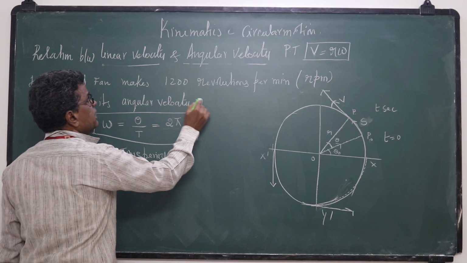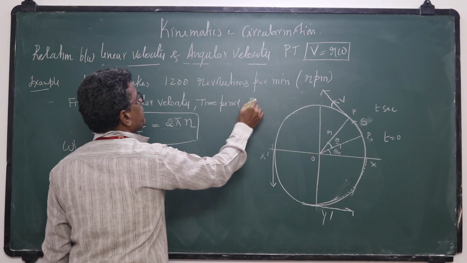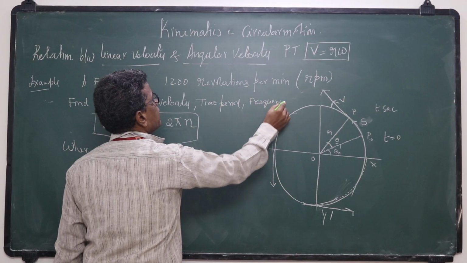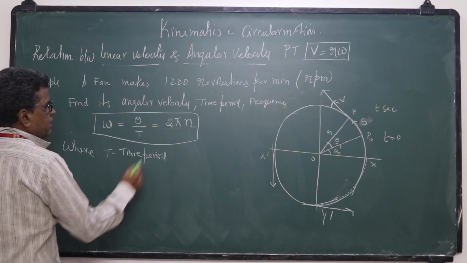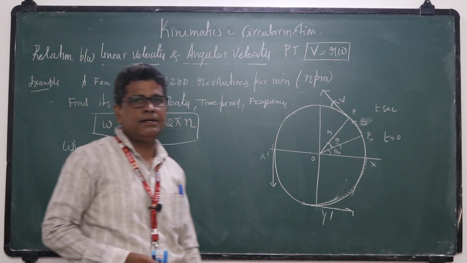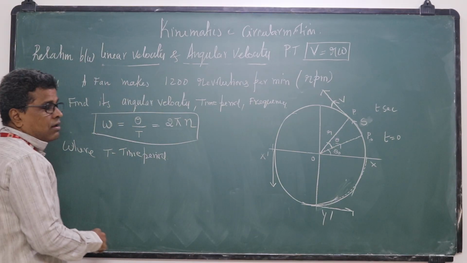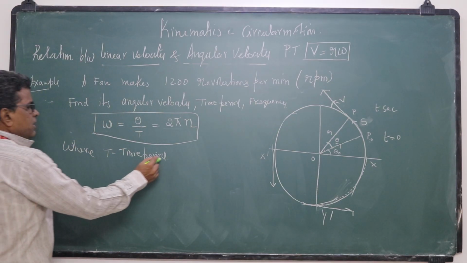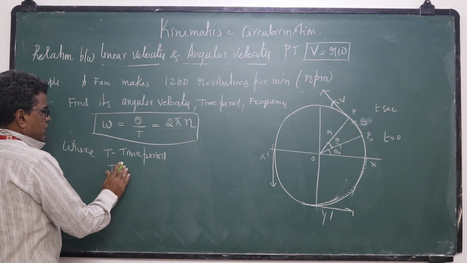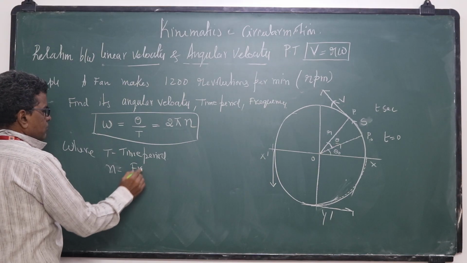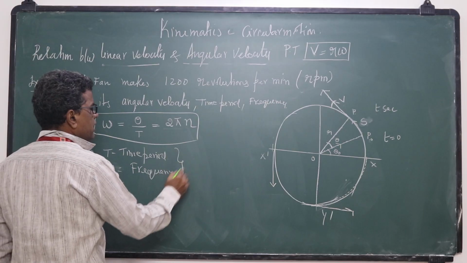Find angular velocity. I am also saying time period and frequency. These are the things I need. Where t is the time period. What is the meaning of time period? Time taken for one revolution, or one rotation. N is called frequency. So how are these two related?